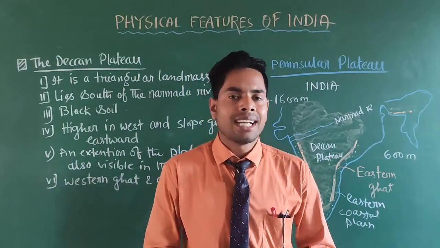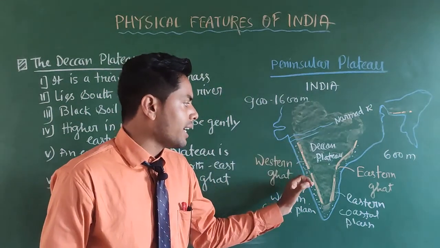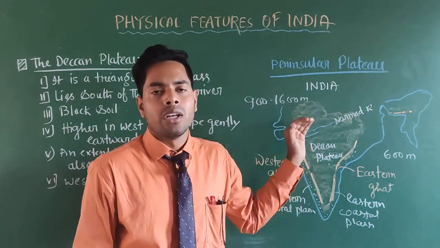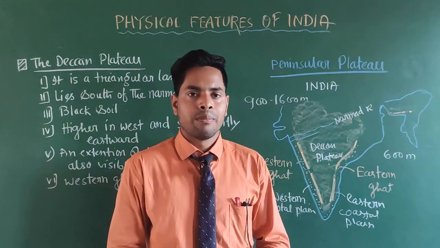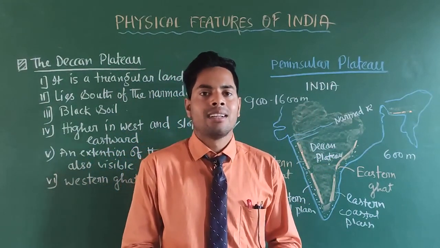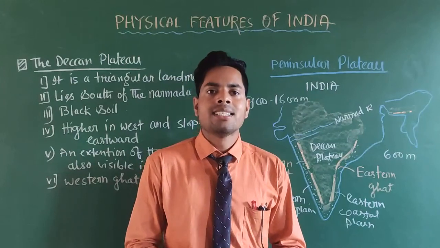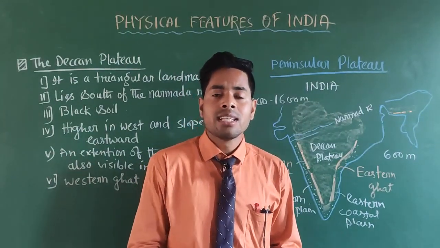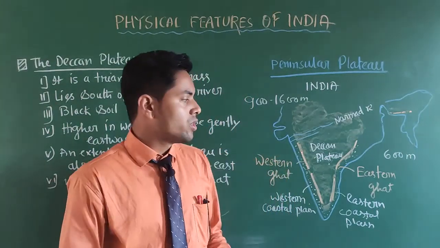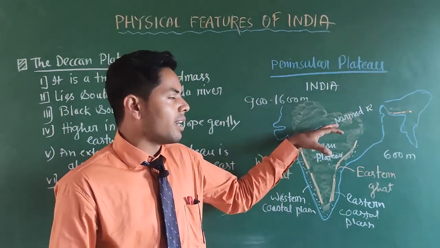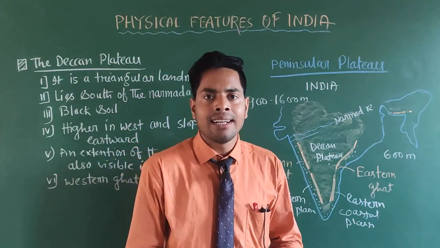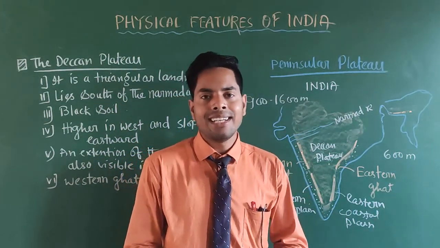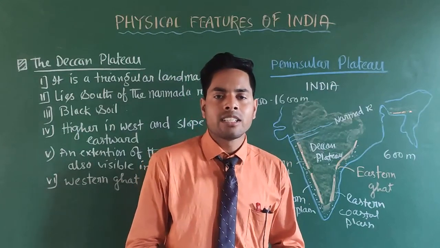Also we can say that the Western Ghat mountain is continuous and regular from north to south, but the Eastern Ghat mountain is irregular, discontinuous and dissected, because rivers originating from the Central Highland drain the Eastern Ghat and make deltas, like Godavari, Krishna, Kaveri.